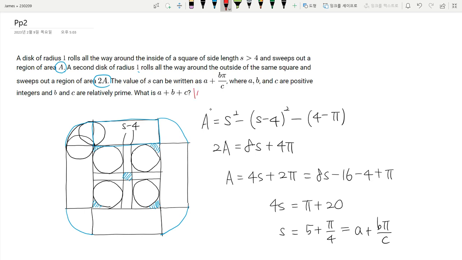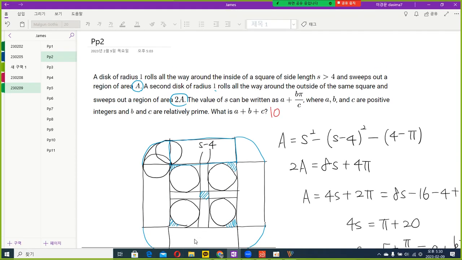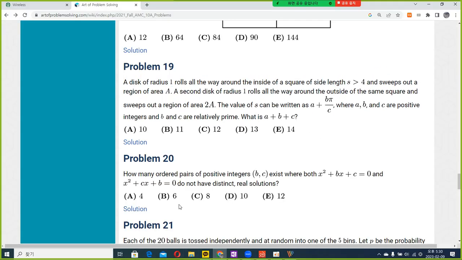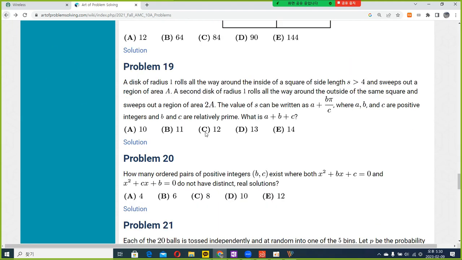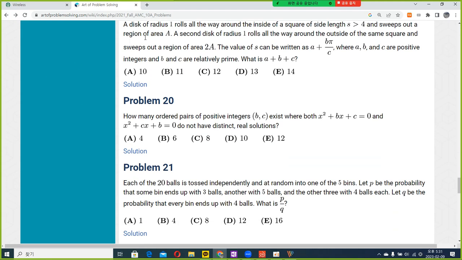Yeah, 10 is the answer. Yeah, for number 20.